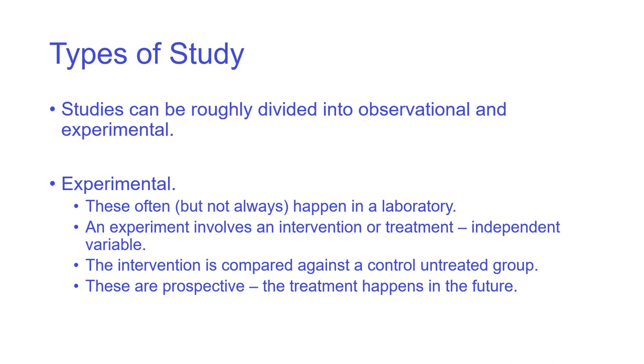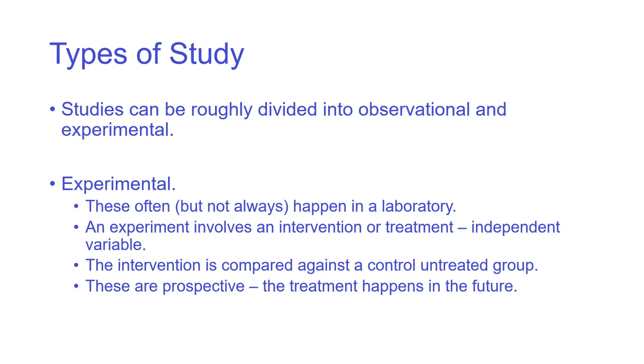So, when you carry out a study and a piece of research, you can divide it into 2 different categories: observational studies and experiments. So an experiment often occurs in the laboratory, but not necessarily.